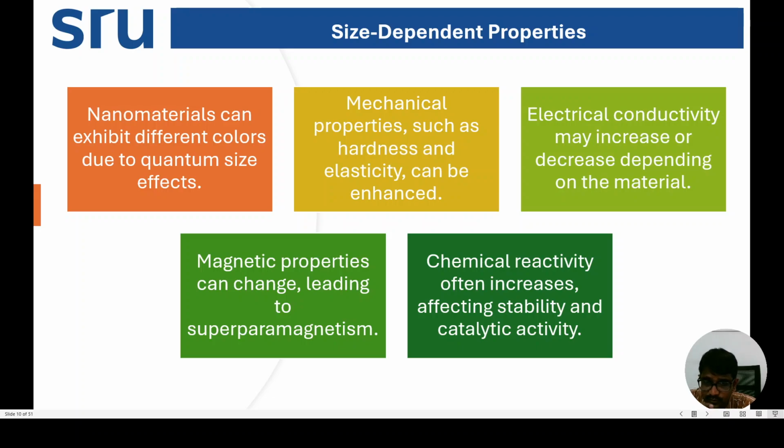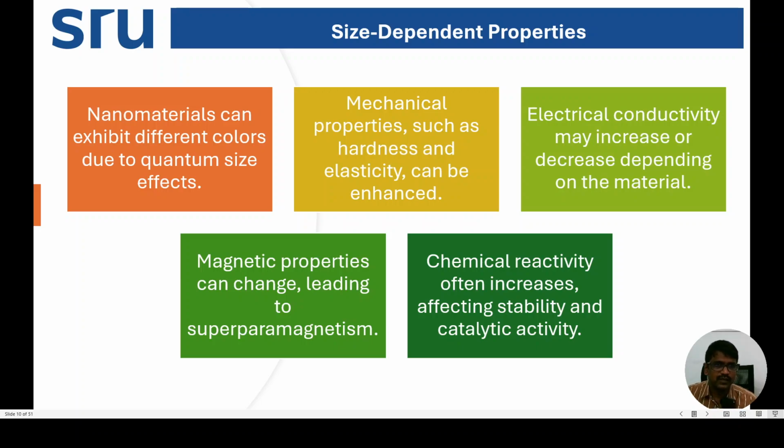For example, chemical reactivity often increases, affecting stability and catalytic activity.